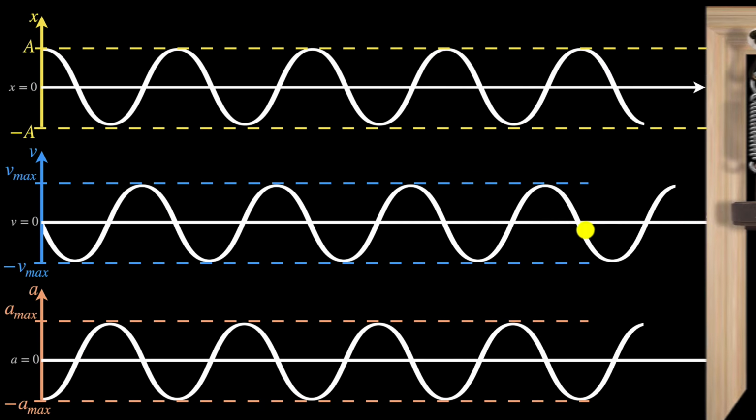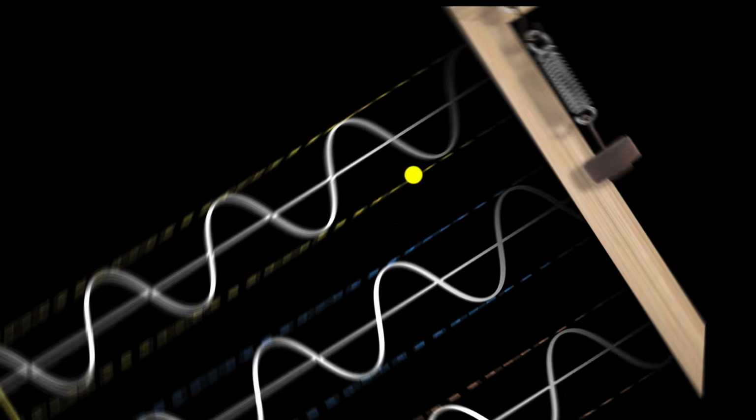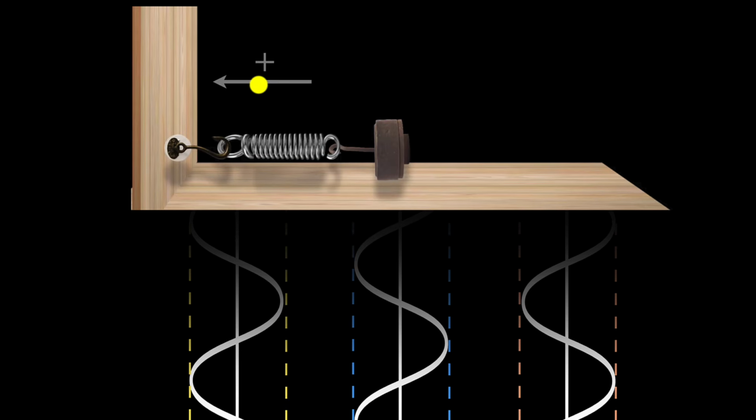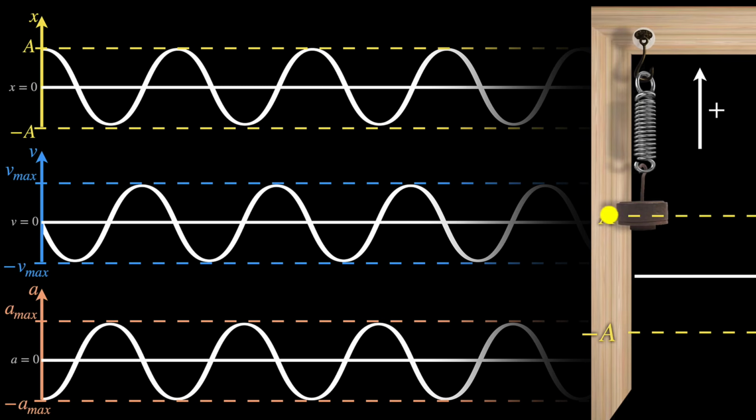All right, now let's bring it all together by going back to the horizontal spring. This is still the horizontal spring. I've just placed it vertically over here so that we can relate it better with the graphs. And this time we're going to choose left side as positive. I mean, we can choose any direction as positive we want, okay? So we'll choose left side as positive because then notice this will be positive amplitude and this will be negative amplitude, just like what we have in our graphs.